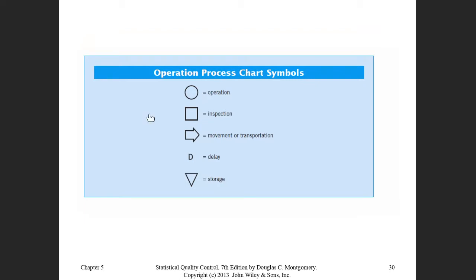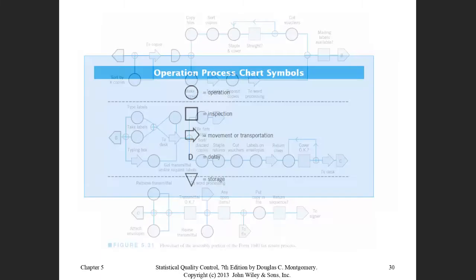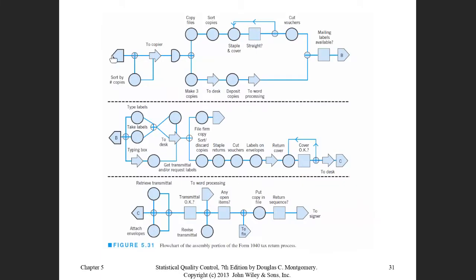Before we go to the operation process chart, these are the symbols that need to be recalled, maybe in the exam, so you have to recall them and know the difference between them. This is for operation, this is for inspection, this is movement or transportation, delay, and storage, and those are implemented here in one example.